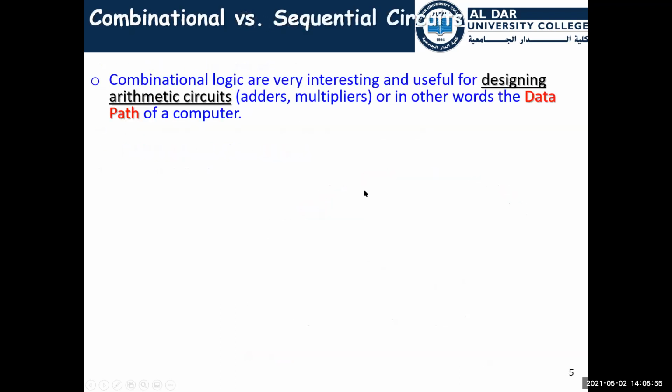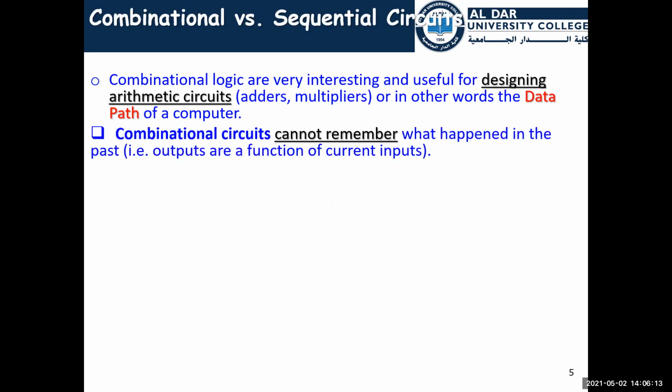Why do we use the combinational circuits? Actually, we have interesting and useful designing arithmetic circuits for adders, for multipliers, or in other words, the data path of the computer. If we want to implement the data path of the computer, we should use a combinational circuit. It doesn't mean that sequential circuit is better than the combinational circuit.